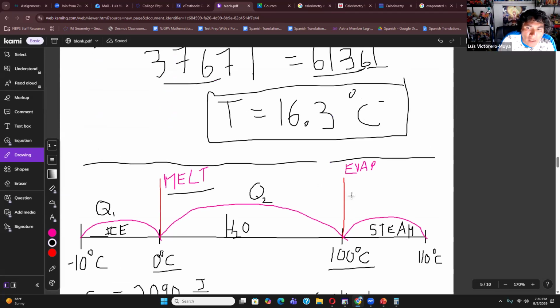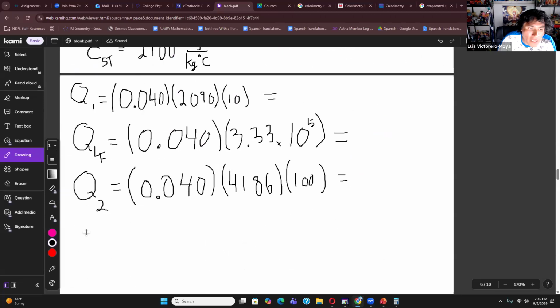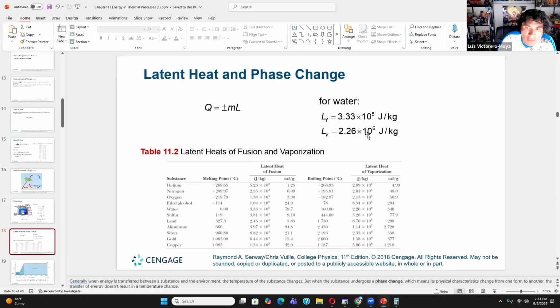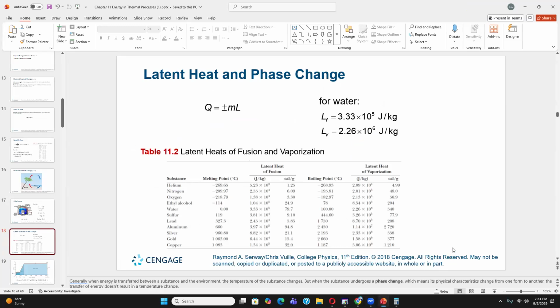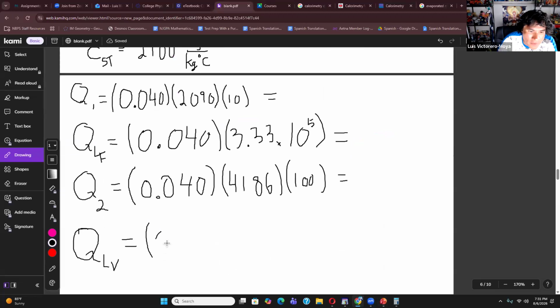Now we are gonna evaporate the water. Let's call it QLV. So what will be the equation for QLV? Mass times LV, so 0.040 times 2.26 times 10 to the 6.